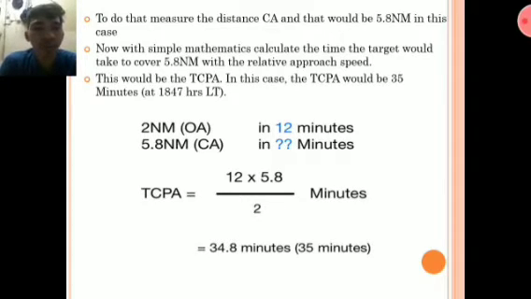So the solution is TCPA, or time of closest point of approach, equals 12 times 5.8, and you're going to divide it by 2 so that we can get the minutes. So the result in there is 34.8 minutes. So 34.8 minutes, we're going to convert it, then the result will be 35 minutes.